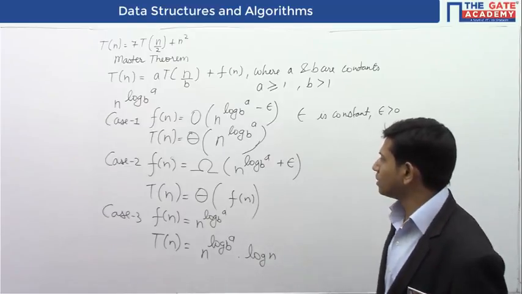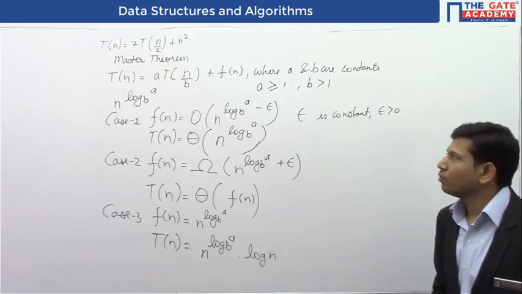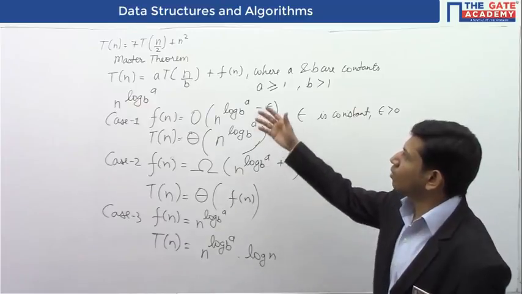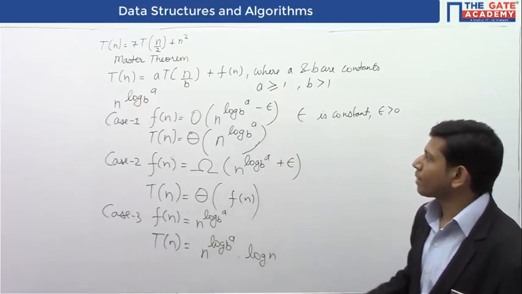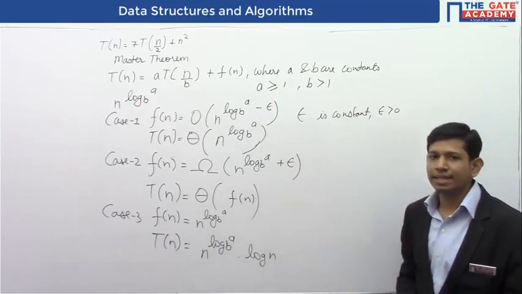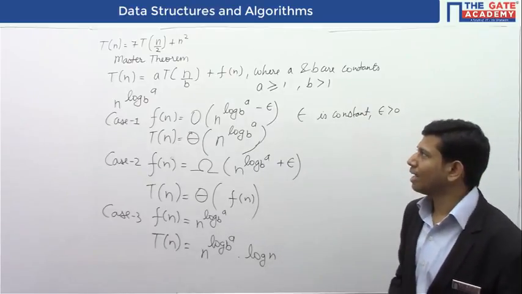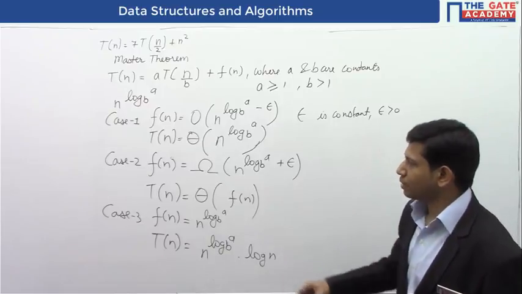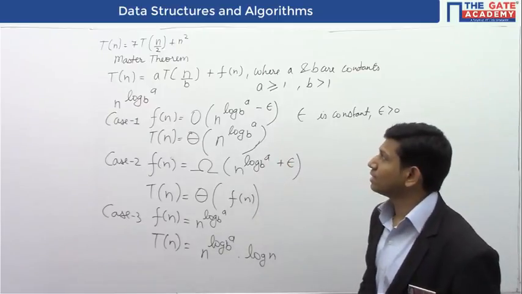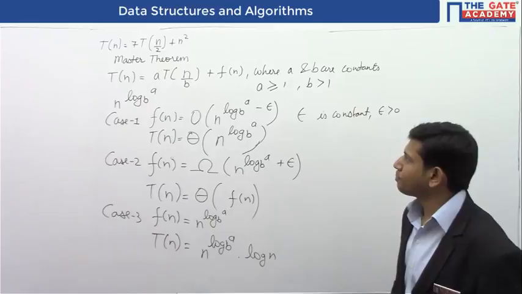So now, once we know all the 3 cases, what we will do next is find out which of the 3 cases of master theorem our given problem corresponds to, and according to that, we will decide the solution. Let's see our problem.